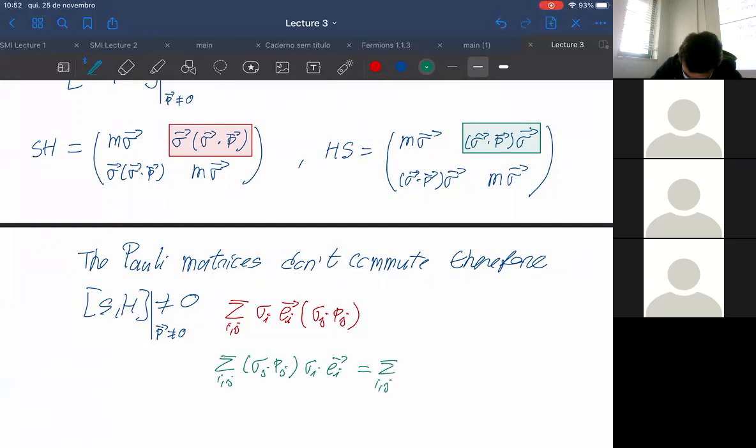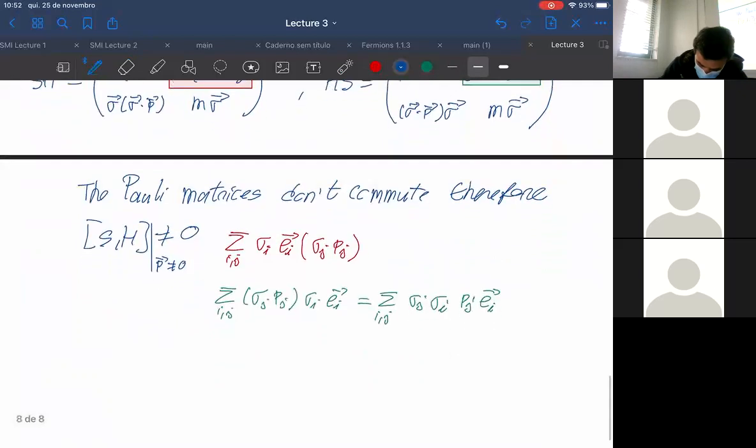But then you have here sigma_j sigma_i p_j e_i. And one of the things that you already know is that sigma_i sigma_j equals i epsilon_ijk sigma_k. Once again, of course, this is a sum in k.